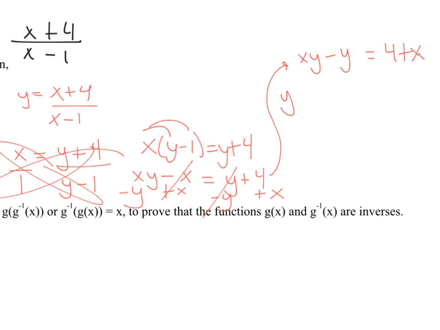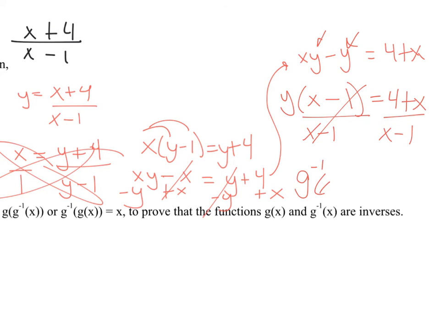And the answer is GCF. There's a y here, take that out, you're left with x. There's a y here, take that out, you're left with 1. Now to get y alone, just divide by x minus 1. And your inverse, which is g to the negative 1 of x, is equal to 4 plus x over x minus 1. That's your answer to part A.